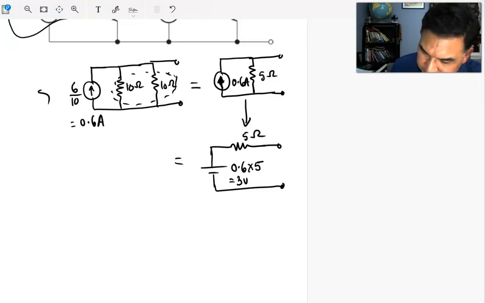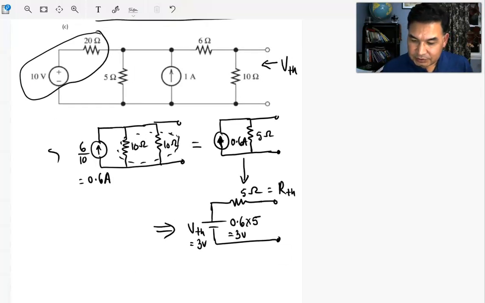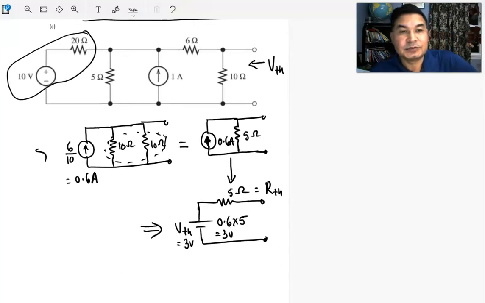That's it. So you have converted it into the Thevenin's equivalent. Your Thevenin's voltage, equivalent voltage, is 3 volts, and your Thevenin's equivalent resistance is 5 ohm.